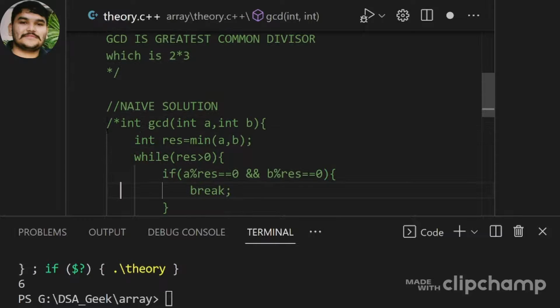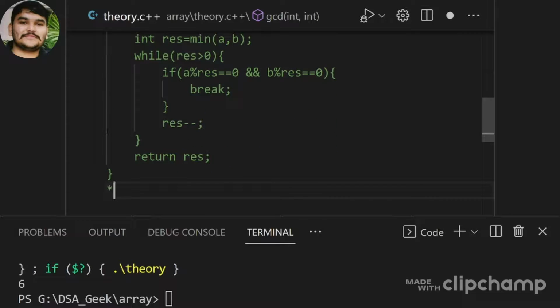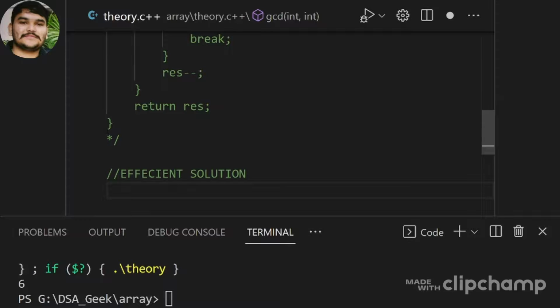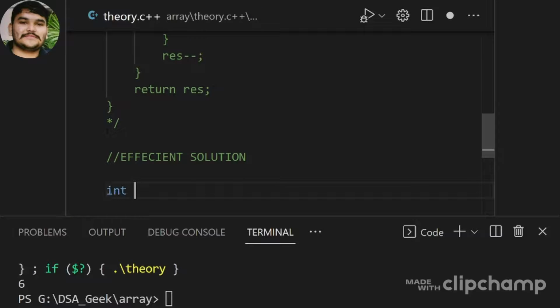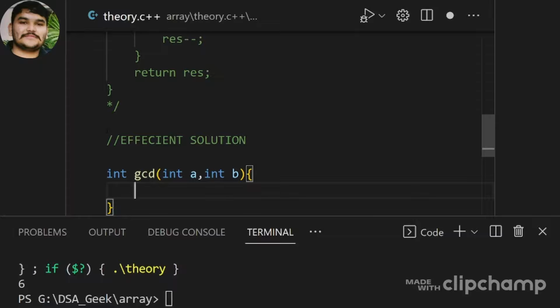So just comment it out and try to write the Euclidean solution. Before writing the code, I have to tell you one thing about GCD.